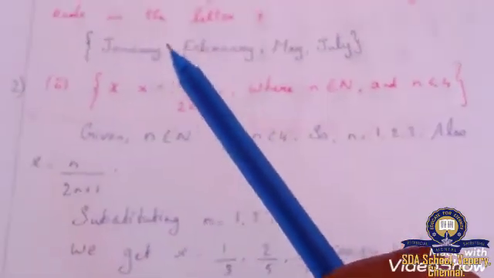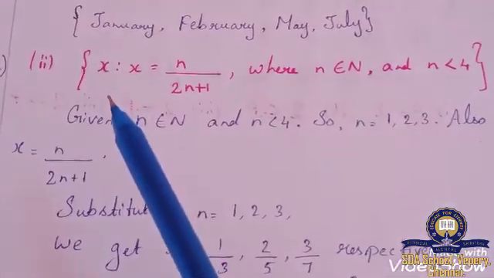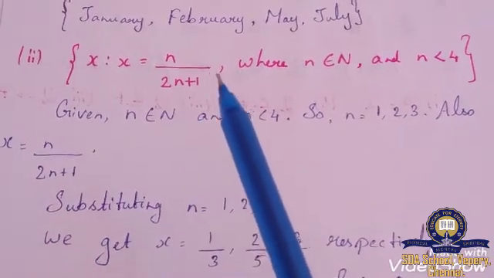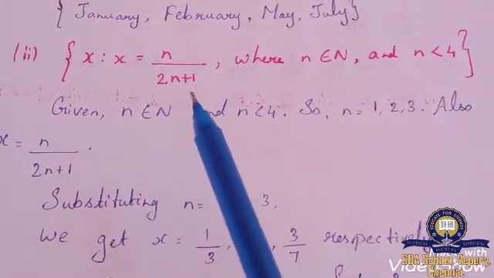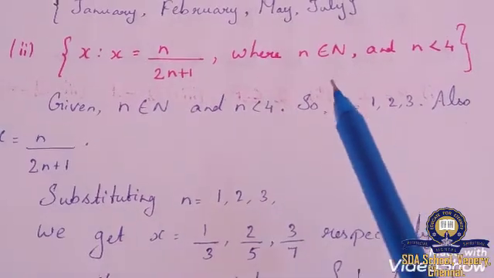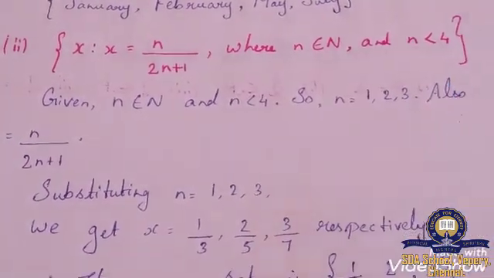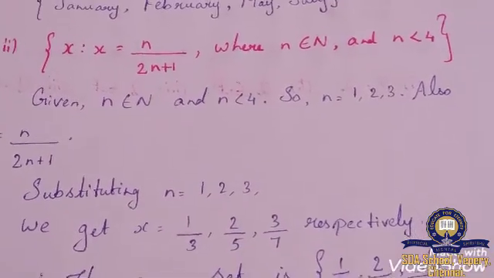Next we move on to the next one. Here they have given x = n/(2n+1), where n belongs to N and n is less than 4.